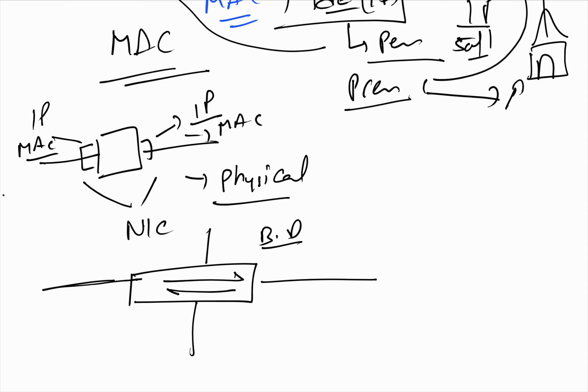If I get a packet from here, it will broadcast it on all of its other interfaces. It will not have a routing table which helps it route the traffic directly to one specific interface. Simple. So this is your basic switch.